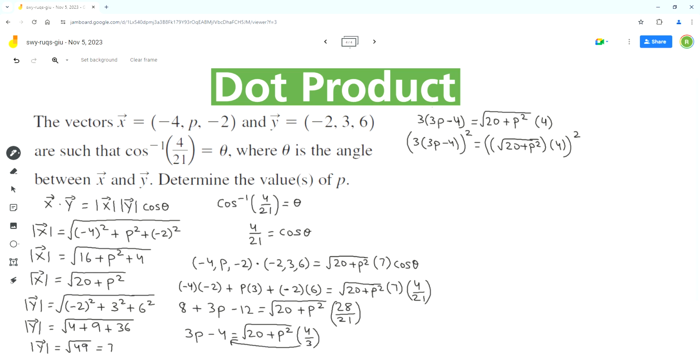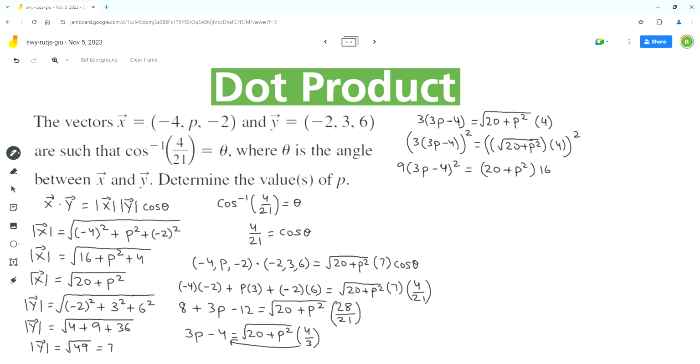So on the left side 3 square is 9, and on the right side the square root and the square cancel each other out, and 4 square is 16.